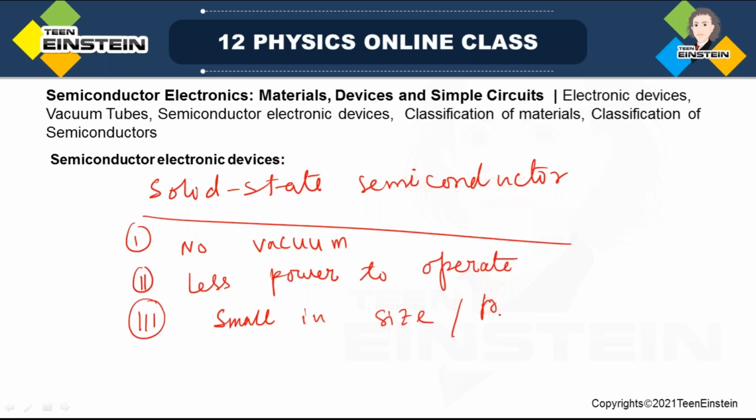Hence it is reliable to use. And fourth point we have discussed that lifetime is long. Okay, so these are the points we have discussed over vacuum tube.